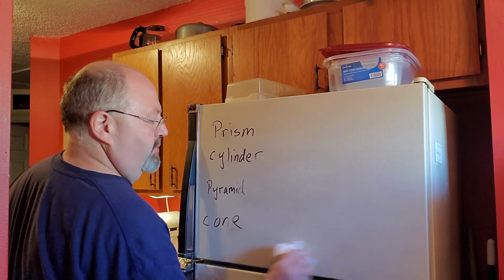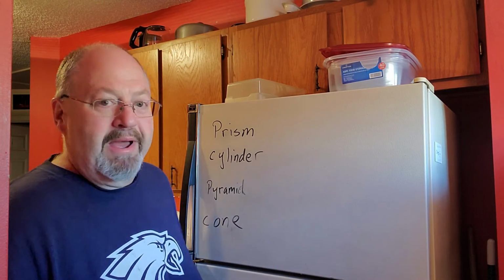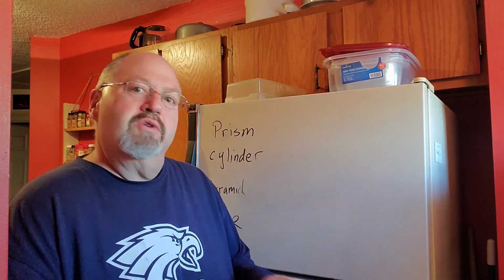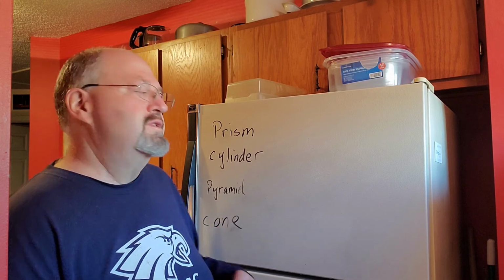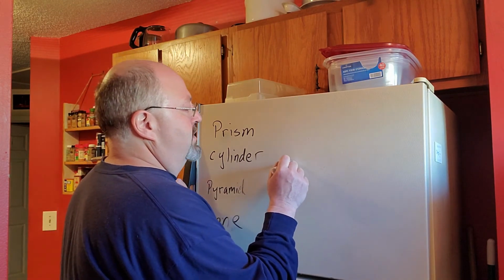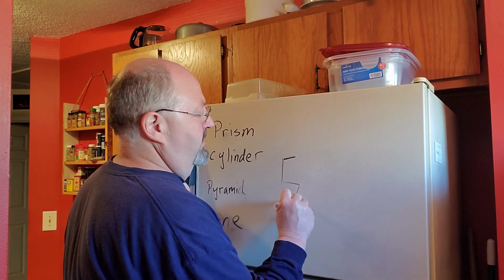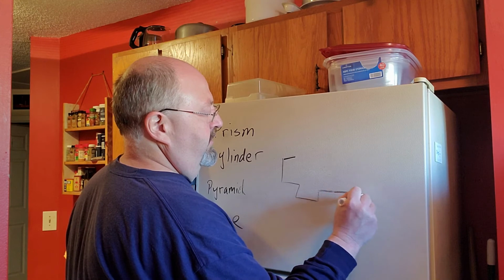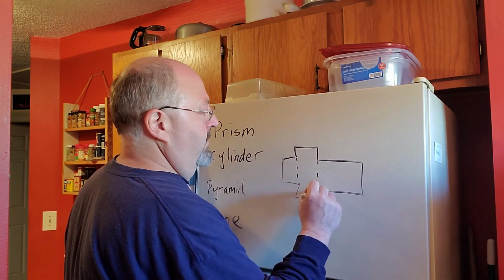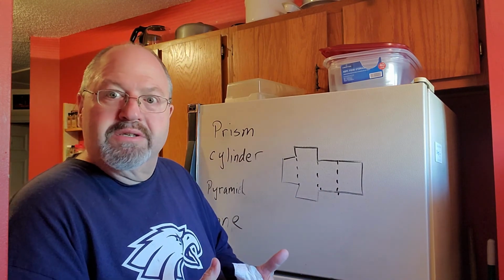Some of the homework problems that you're going to have with it are going to talk about nets. You know what a net is, you just don't know that you know what a net is. You probably did this somewhere way back in elementary school where they gave you this thing that looked like this, and you folded it up and made it into a box.